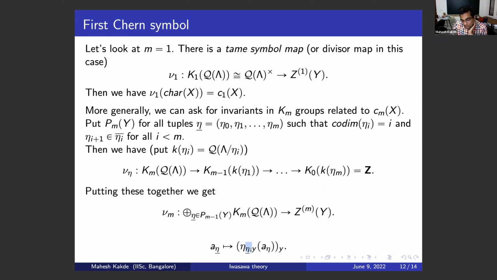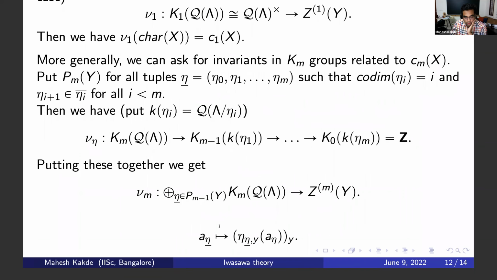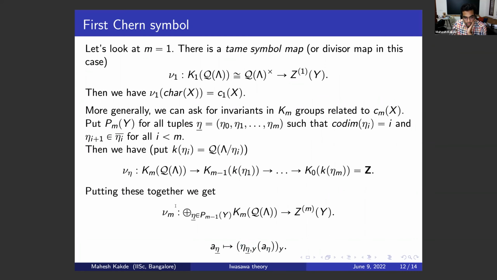So eta is an m tuple, and then you add y to it, so you get an m+1 tuple, and that's what you apply to your element A, and then multiply it by y, and that's how you get an element in this free abelian group generated by Ym. Okay, so there is this nice map.